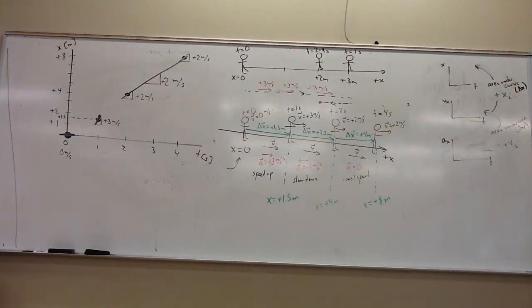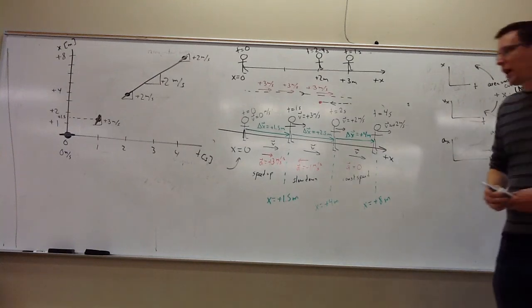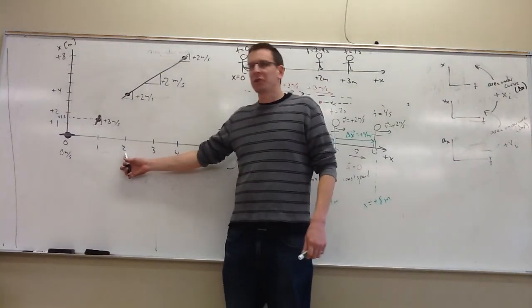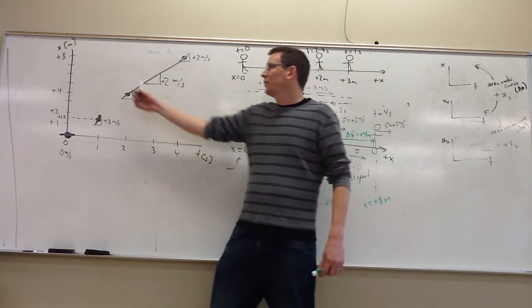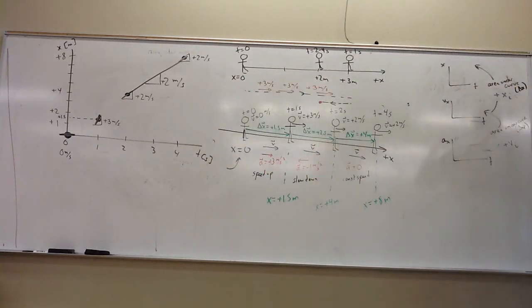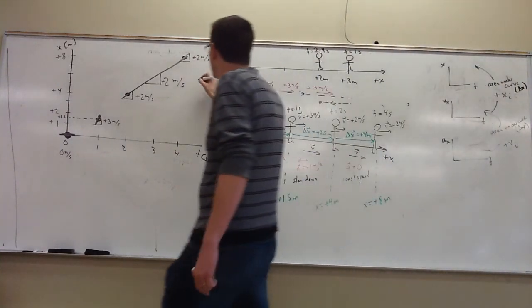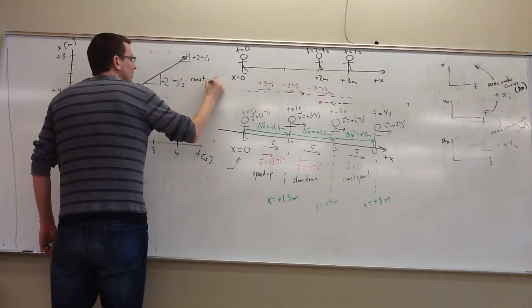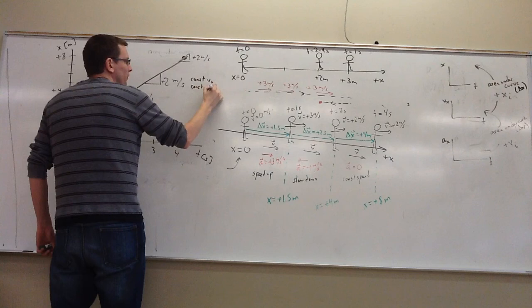That's because the velocity is constant, so the slope here has to be constant. As you progress through your time, you're going to evenly add position on the vertical axis. That's what a constant slope would indicate. So this is a constant velocity. So a constant velocity is a constant slope on this graph.